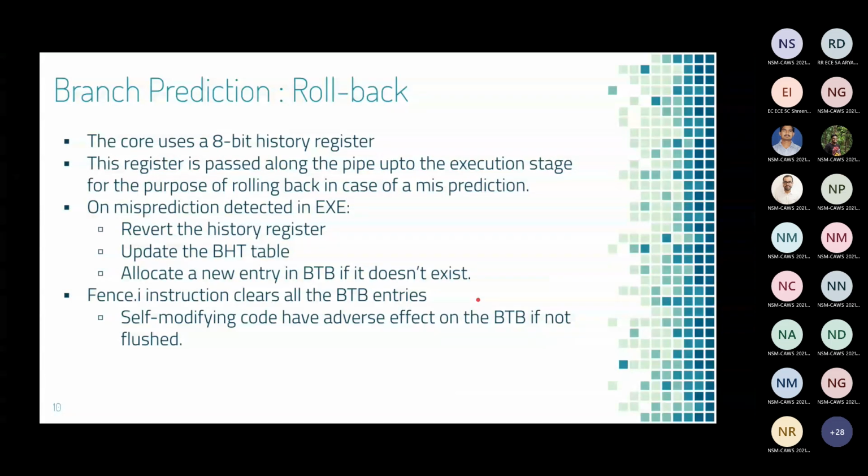So whenever you perform a fence.i instruction, you should also flush the entire branch predictor as well. Otherwise, you will end up predicting that a mul operation is a branch and you should now jump from mul to some other place, which is wrong. So you also need to clear your branch predictor and start training for the new code that is present.